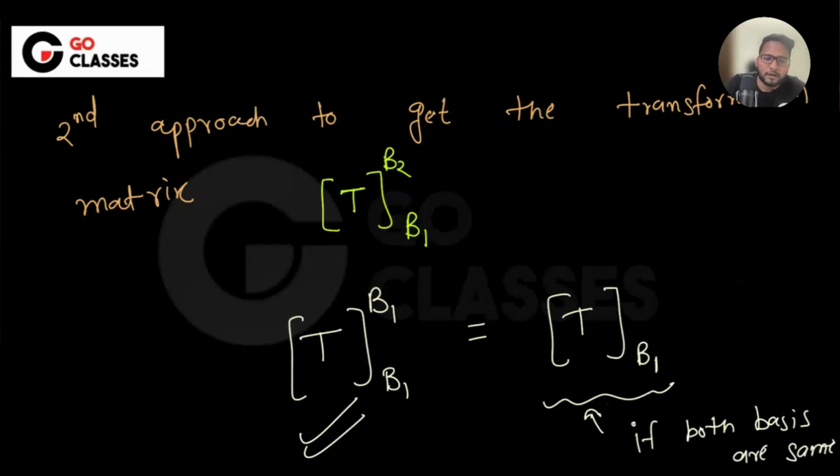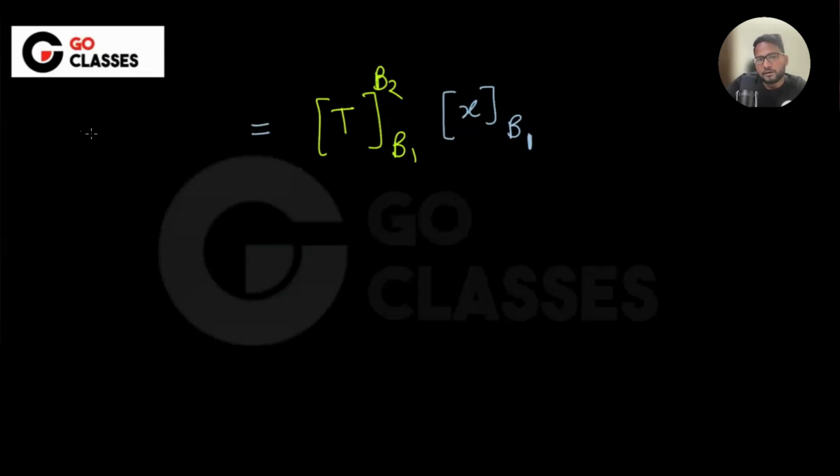Anyway, let's talk about how to calculate this matrix. First let's see if you understood the notations. Is this notation fine to everyone? Can I say that it takes the input in B1 or B2? It takes the input in B1, right? And then it gives the transformed vector of x in B2.